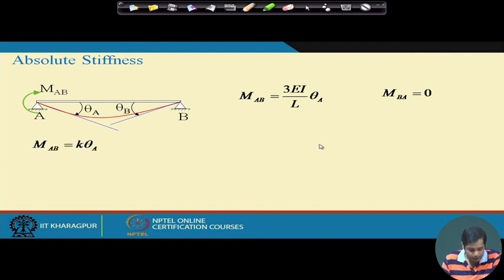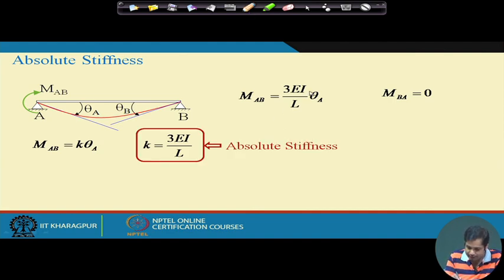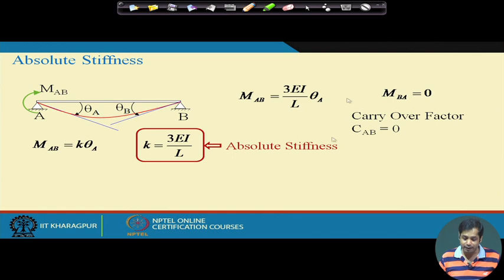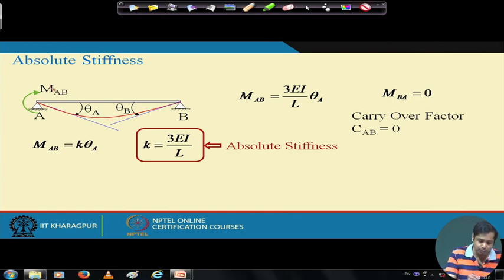So MAB is equal to k times theta a, and k is this value, the absolute stiffness. What is the carryover factor? It will be 0, because when we apply a moment at this point, no moment is generated at B. So the carryover factor in this case is 0.